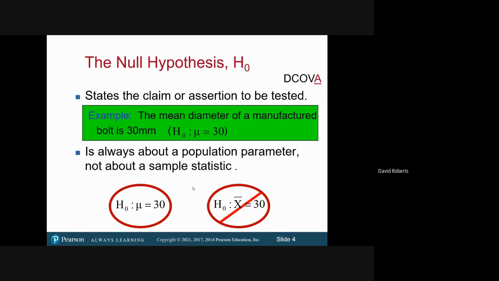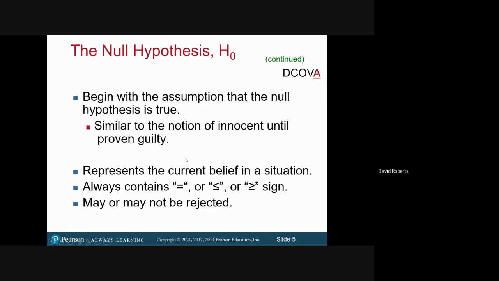You could actually do confidence intervals on this, but you can also do hypothesis testing. So we need to test whether the mean in this particular case is 30, or we test to see that it's not 30. So in this particular case, one of the things that is important, you're going to have two hypotheses.